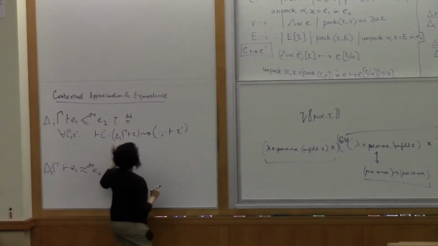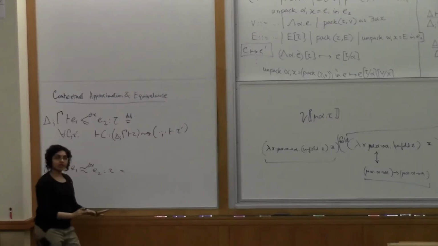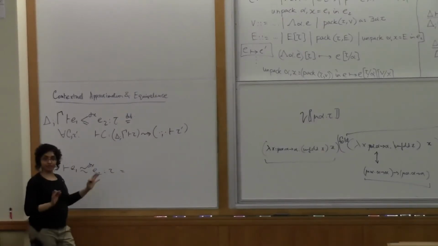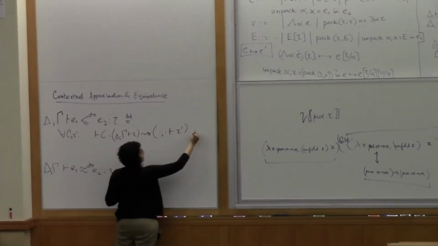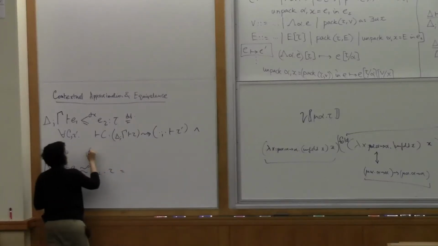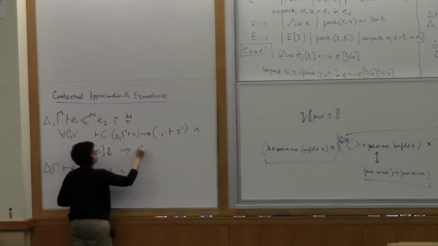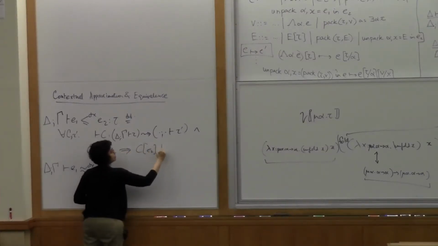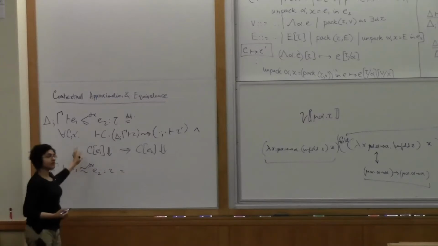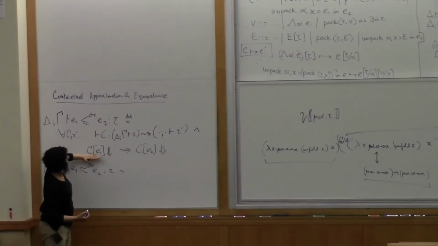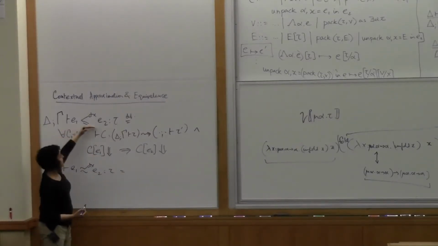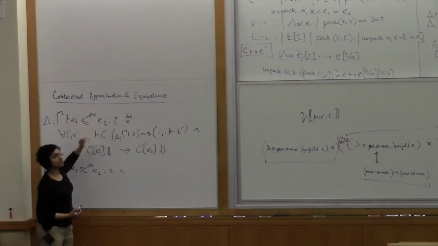Okay? So if you give me a well-typed context with a hole of the right shape, of the right type, and then you plug in E1 into the hole, if that terminates, then C with E2 terminates. So approximation says if the expression on this side terminates, then the expression plugged into the context on that side terminates.